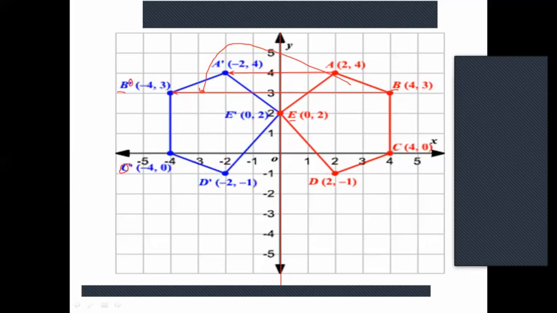What about other points? Point C, the same. Point C here has the same position except that the coordinate is changed. I hope you understand that one. Again, the axis of reflection here is the y-axis.